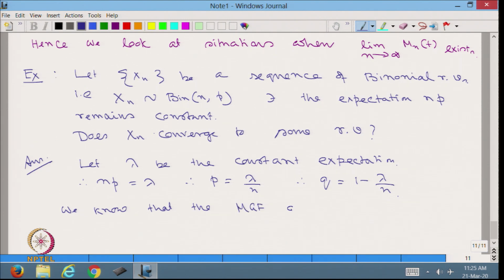MGF of binomial(n, p) is equal to (q plus p e to the power t) whole to the power n.